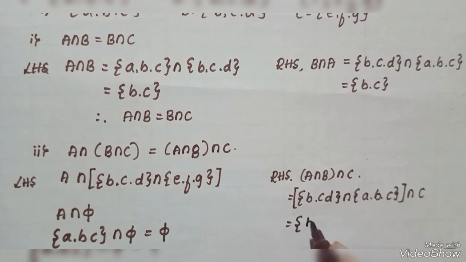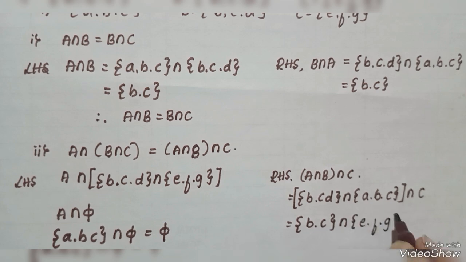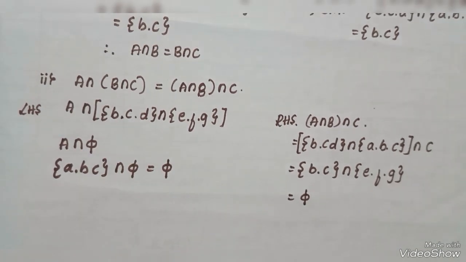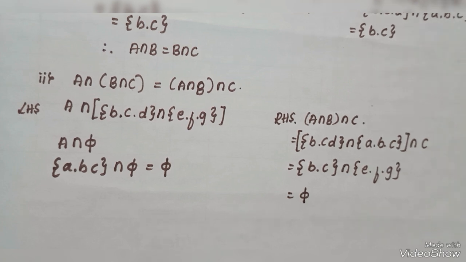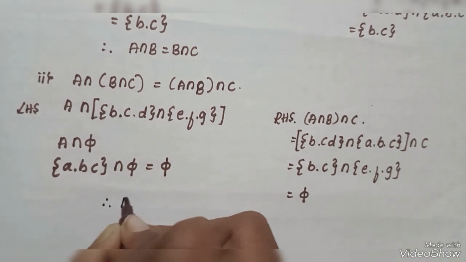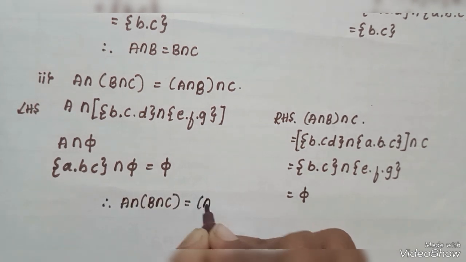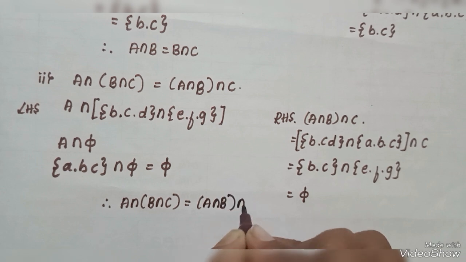B and C. Intersection C, that is E, F, G. Now what are the common elements? There are no common elements, it means it is an empty set. Here RHS and LHS are empty, therefore the associative law also holds here, that is A intersection B intersection C is equal to A intersection B intersection C.